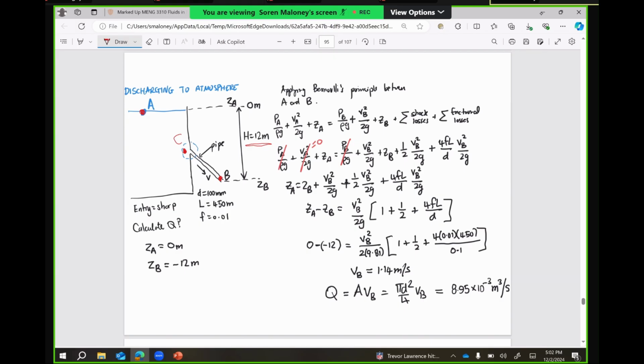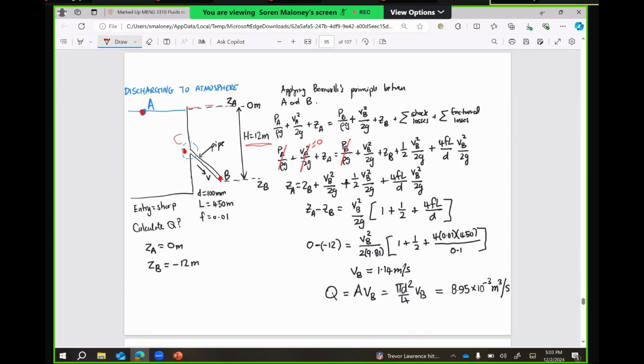So we were applying it between points A and B. And as you saw before, we need to choose a datum point. It doesn't matter where you choose as your datum. Here we chose A as the datum, where A is at this level. We could have chosen point B or point C, doesn't matter.